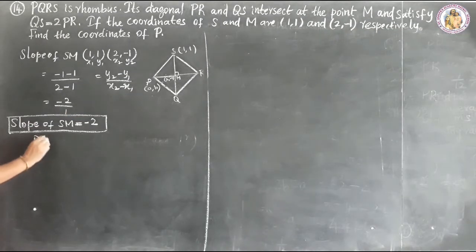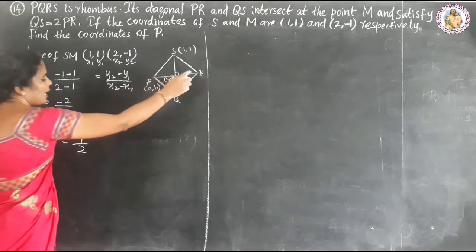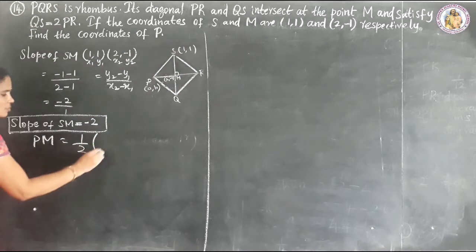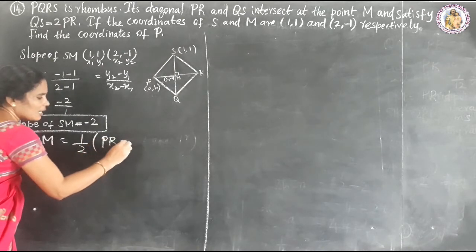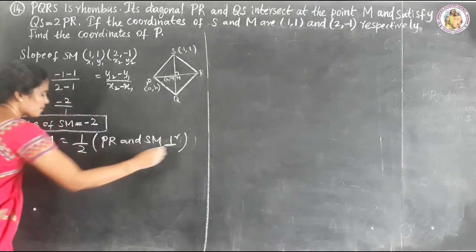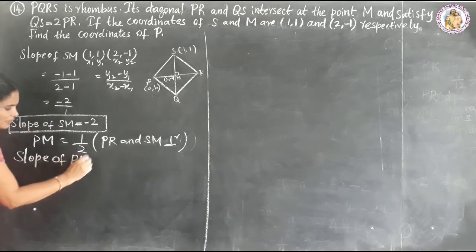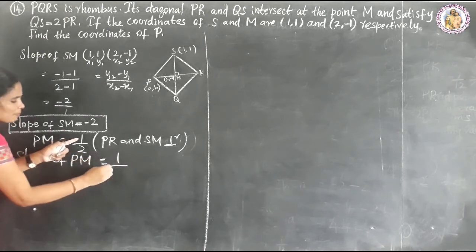And slope of PM is 1 by 2, as PR and SM are perpendicular. Since PR and SM are perpendicular, slope of PM is 1 by 2.